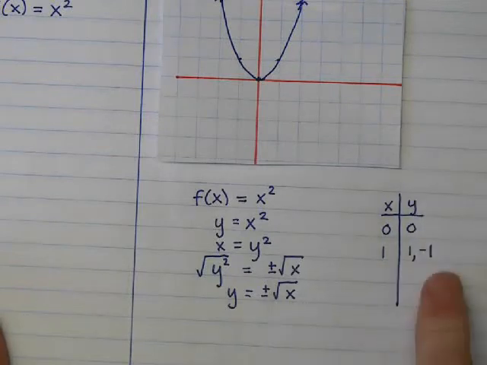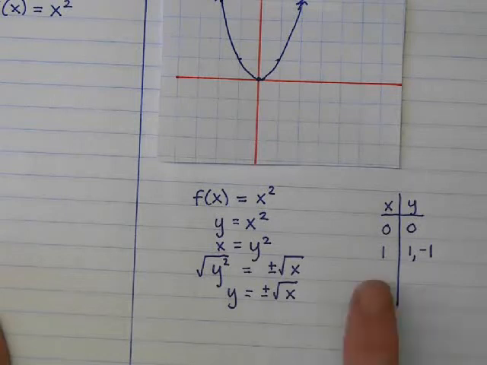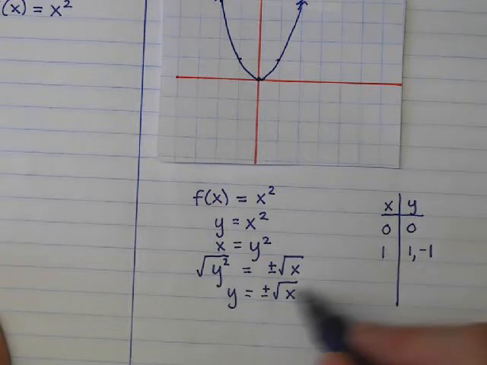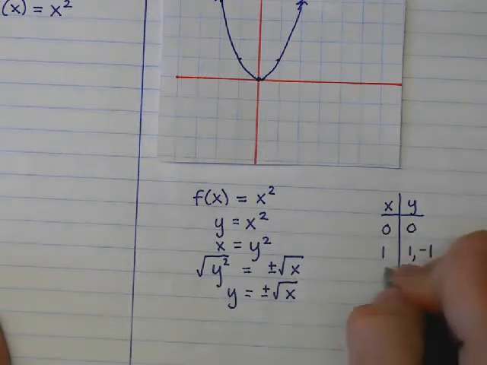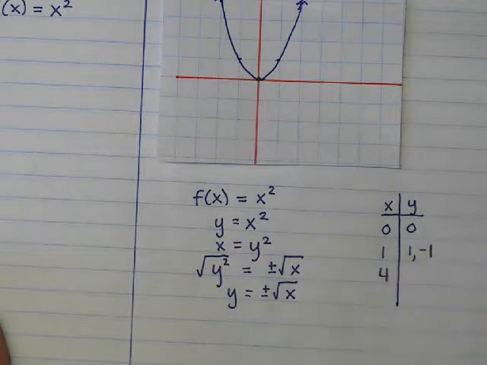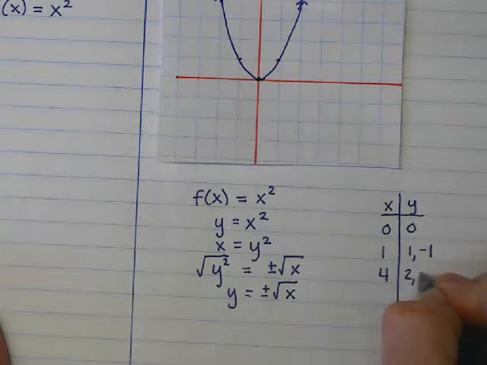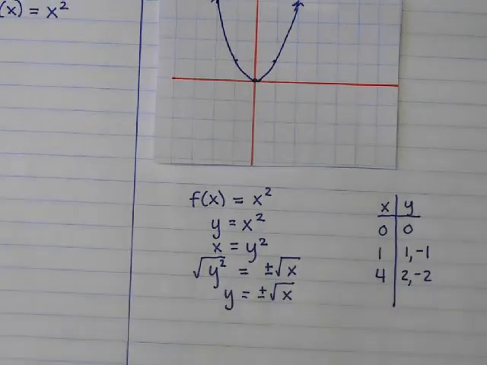So I have two values of y for one value of x. Remember our definition of function said for every x there's only one y? So this is kind of looking suspicious here. I can't find the square root of 2, but I can find the square root of 4. Well, the square root of 4 is 2, so it's plus or minus 2. This will give me enough to do this.